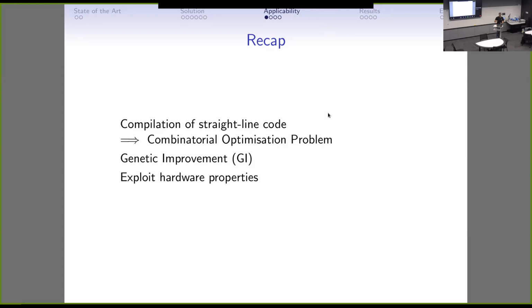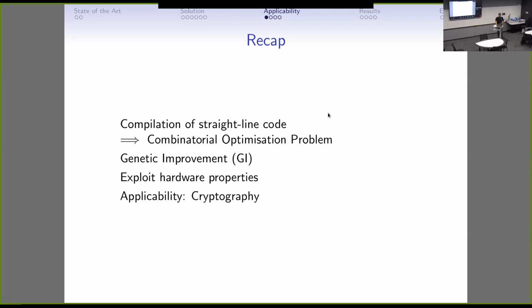And by doing that, we can exploit hardware properties without even knowing them. So we just try random things and we don't need to model the CPU in any way. We just run it and see if it's faster, and if it is, then we exploit that property, whatever that may be. That can be instruction decoding, instruction alignment, cache collisions, anything.